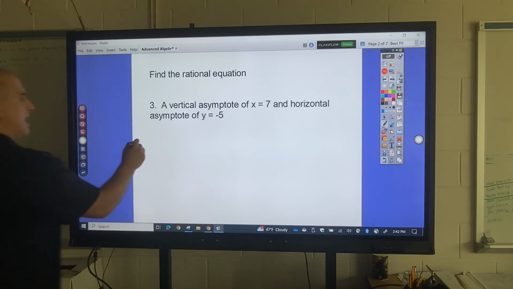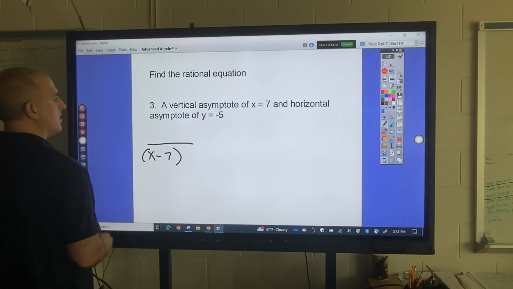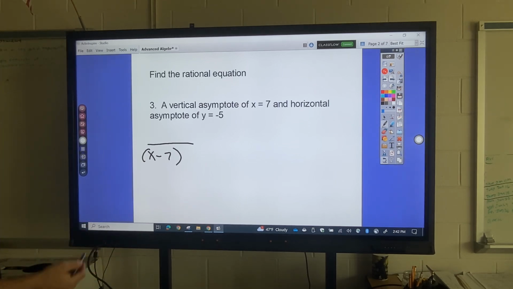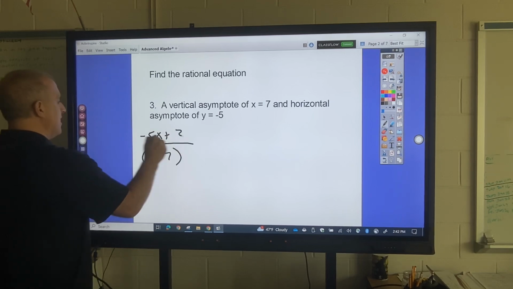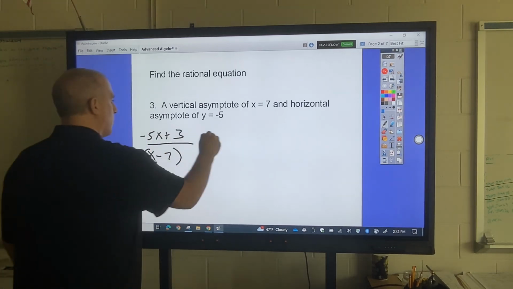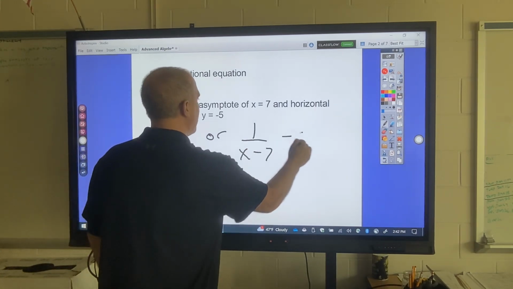Okay, find the rational. A vertical asymptote at 7, so that'd have to be that. A horizontal asymptote at -5. There's a couple options. I could put that as -5x plus 3 over x minus 7, or I could have the option of 1 over x minus 7 minus 5.